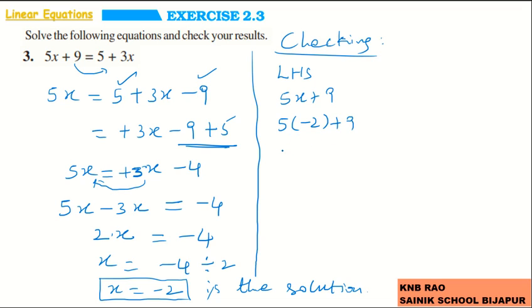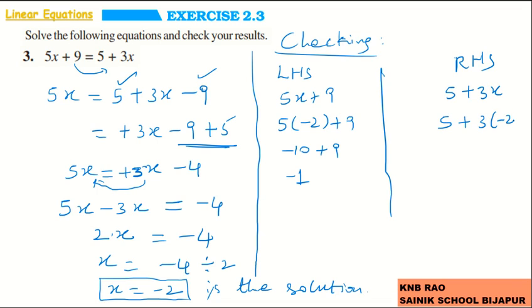So 5 into minus 2 is minus 10 plus 9, minus 10 plus 9 is minus 1. And similarly, we will do RHS separately. What is RHS? It is 5 plus 3x. On substitution, 3 of minus 2, the value of variable x. So 5 plus 3 into minus 2 is minus 6.